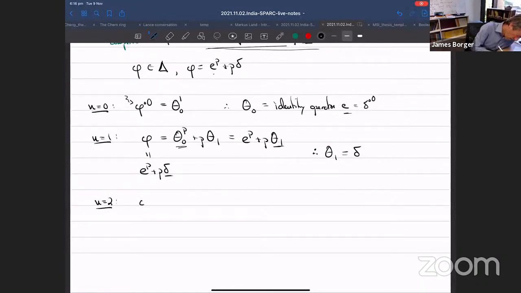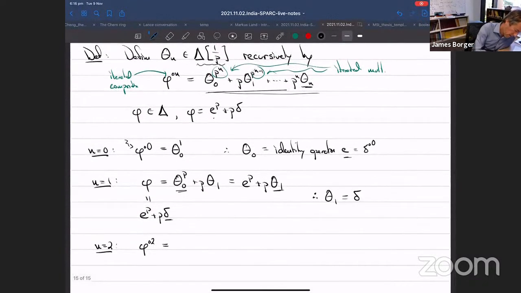So what do we get? We get phi composed with itself 2 times is, now I'll just write this out again. We know theta 0 is E and theta 1 is delta. So let me save some ink, if you like, by doing this. Then we get p times delta to the power p, keeping in mind that this is iterated multiplication, not iterated composition.